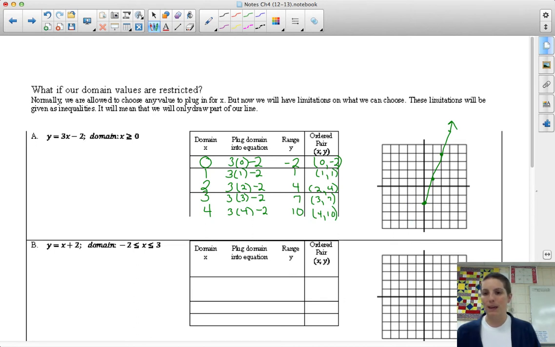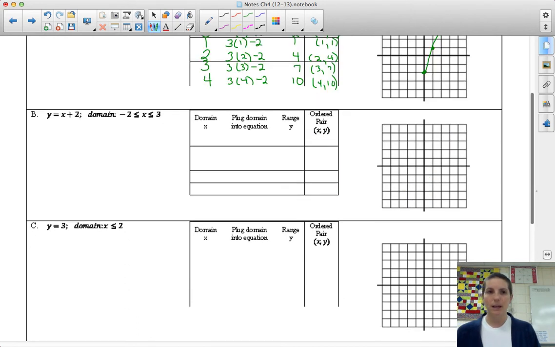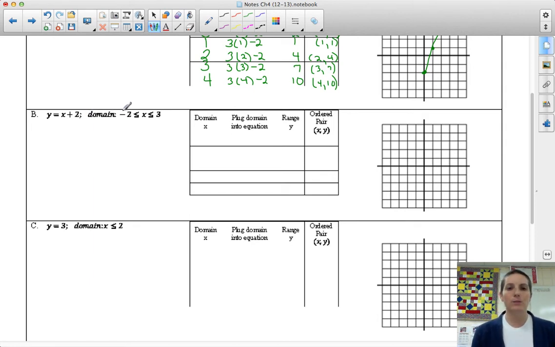Let's go to problem B. In problem B, we're checking our function. Is it in function form? Y equals, yes. My domain values now are set so that x's have to be between -2 and +3.